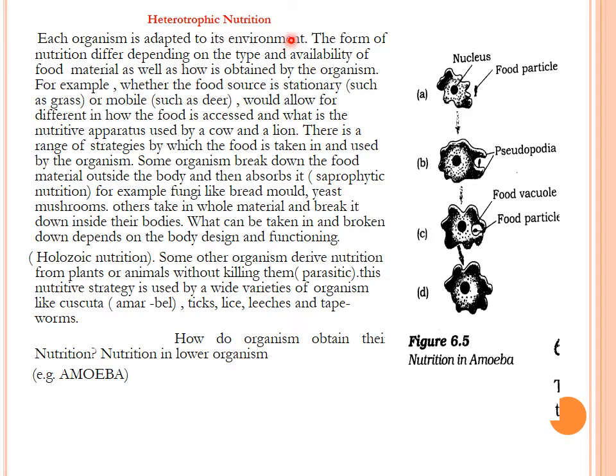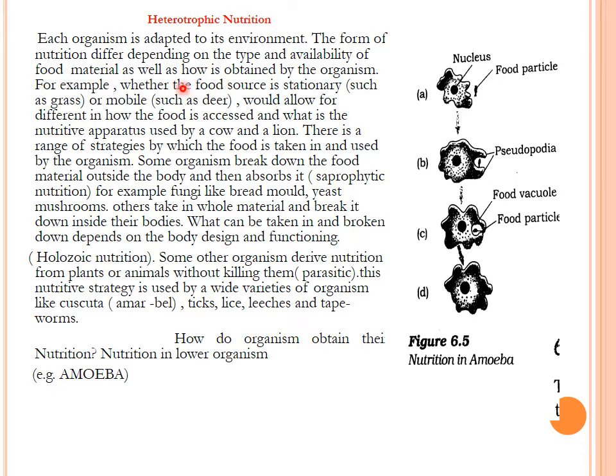So the form of nutrition, what nutrition they will get and from what source they obtain it, depends on the type and the availability, whether it is easily available or not, that is, the food available near where they live, so that they can easily access it. So on that basis their nutrition also differs.